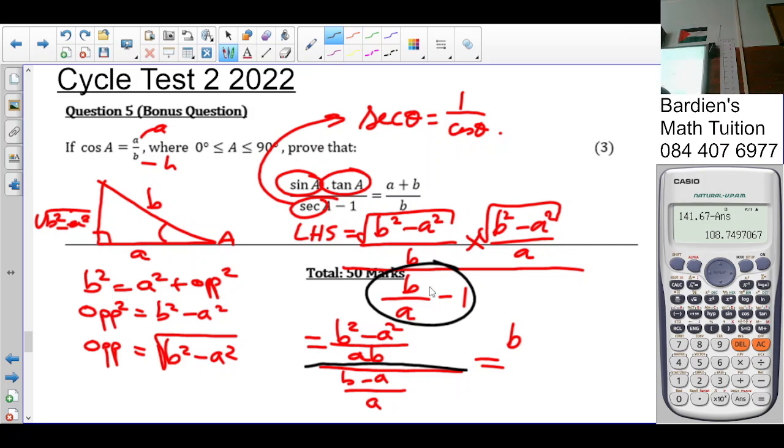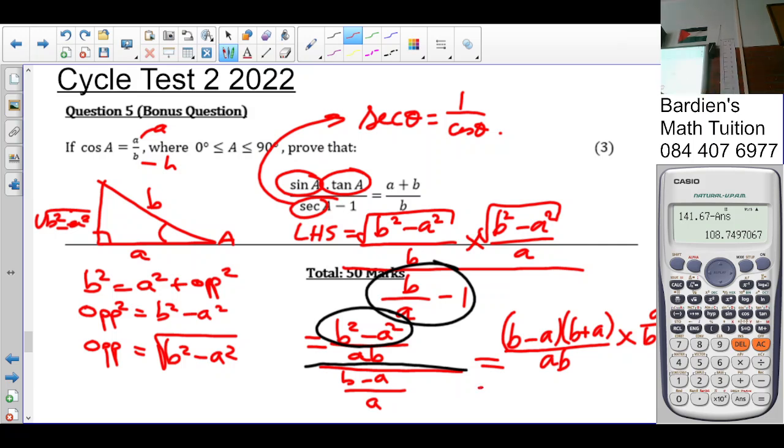Now this here, what can happen here? Difference of two squares. So b minus a times b plus a over ab must be divided by b minus a over a. But change that to multiplication. Then it becomes a over b minus a.